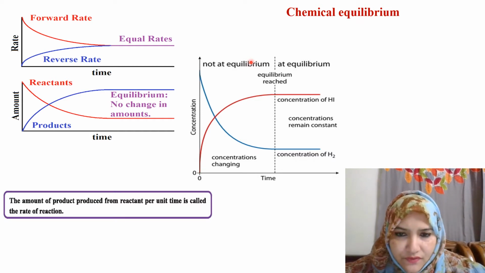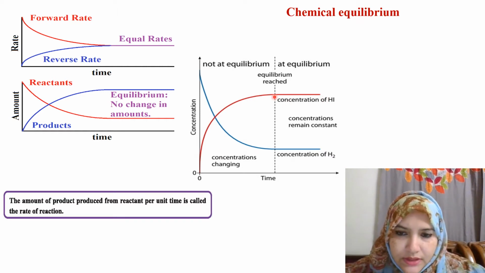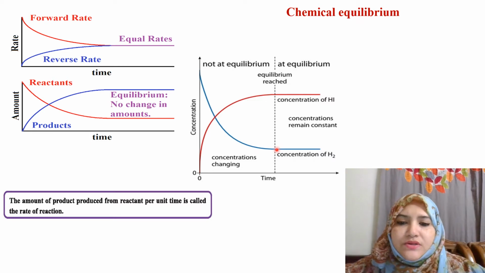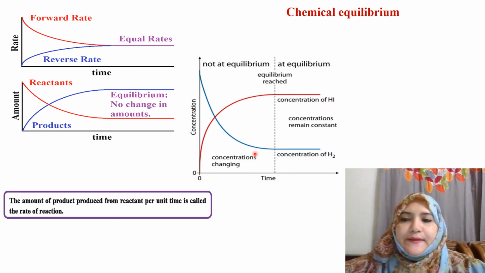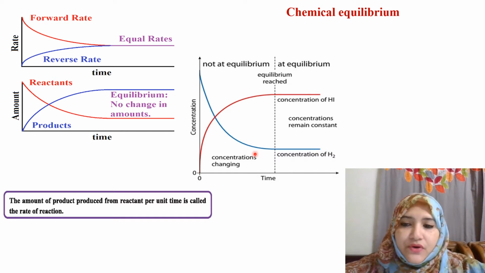This red curve shows the concentration of hydrogen iodide, and the concentration of this product increases as the forward reaction proceeds.